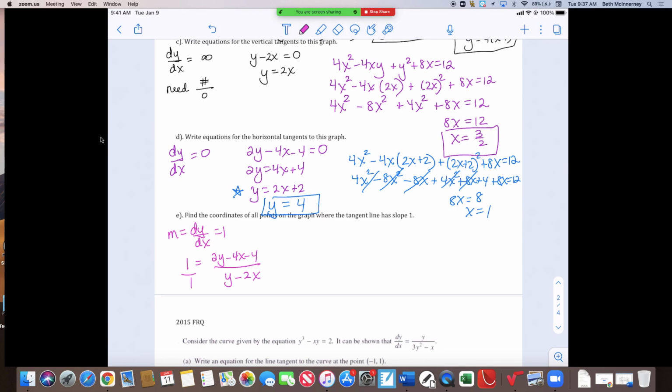You could make this a proportion and cross multiply. So I get y equals 2x plus 4, and I've got to go plug that into the equation.